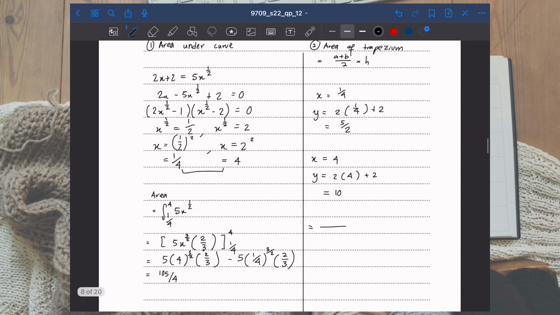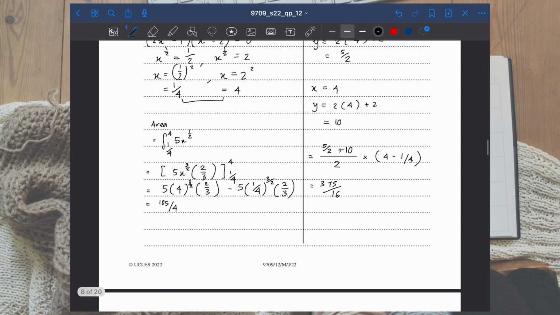So it will be (5/2 plus 10) divided by 2 times height, which is 4 minus 1/4. And you'll get 375/16.